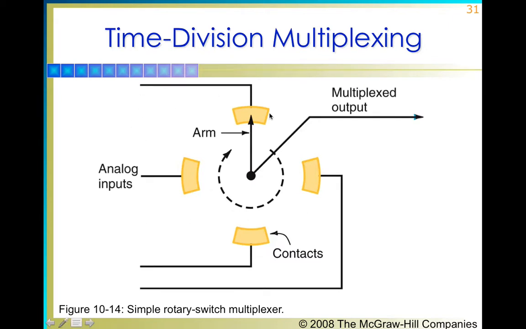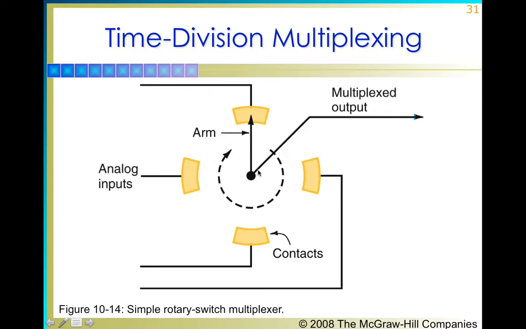The previous slide I skipped because it is explaining this diagram, and you can see over here that time division multiplexing is using switches, which can be a rotary switch in which you have an arm which is rotating among different contacts. These are the 4 contacts, and these 4 contacts are connected to 4 transmitters, and the arm is rotating in an anti-clockwise or clockwise direction among these contacts for a brief period of time.